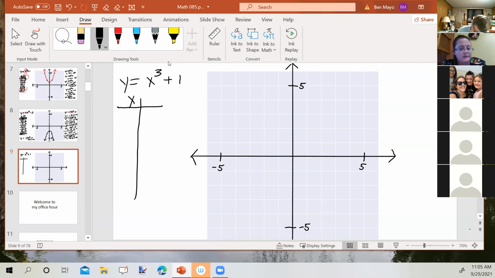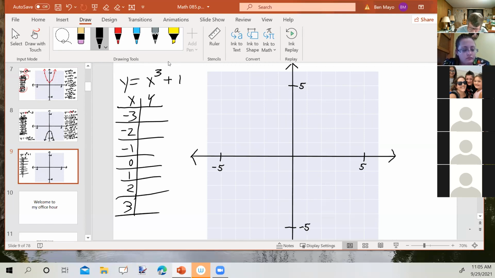So again, I'm going to graph with x values from -3 to +3. If x is -3, y equals -3, the quantity cubed, plus 1, which is -27 plus 1, which is -26. We won't be graphing that one on this grid today.